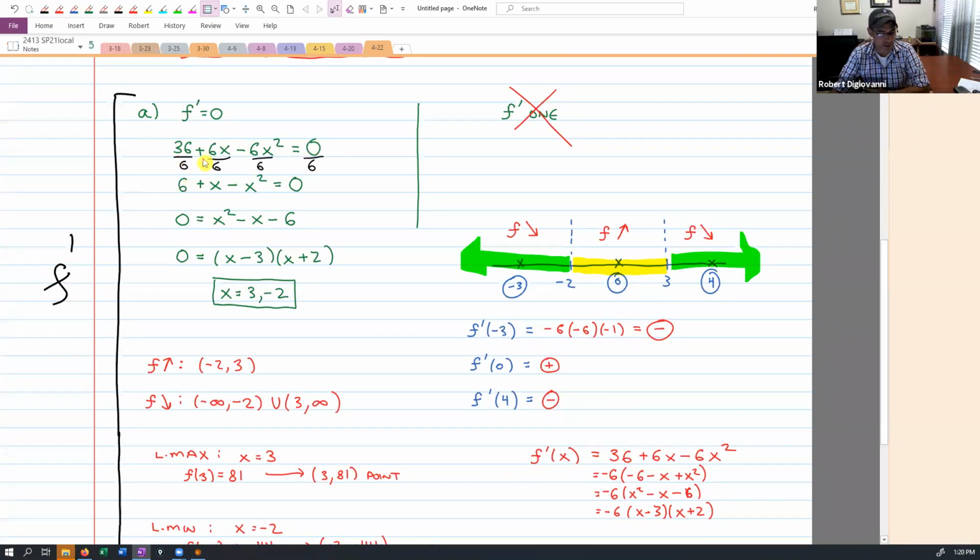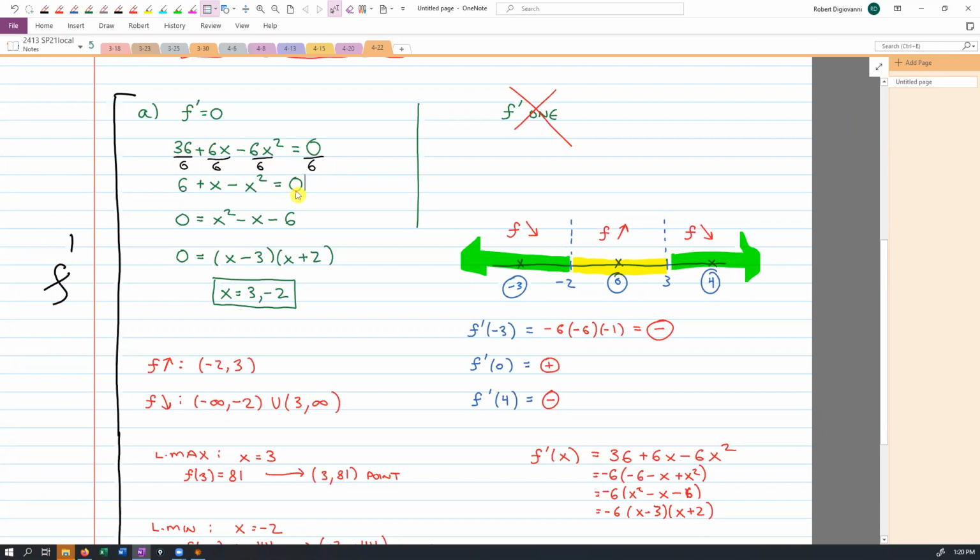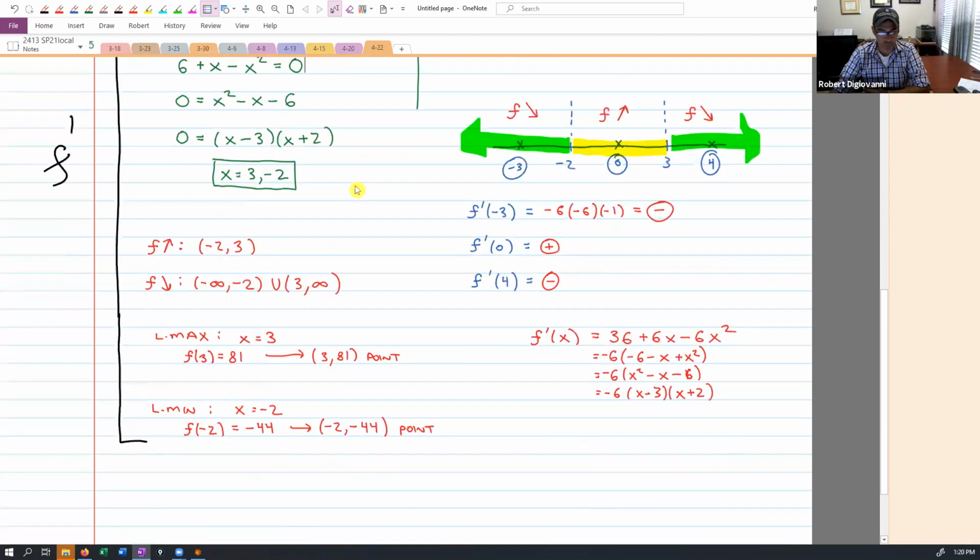That gives me 6, and then this gives me an x, and this gives me a -x², and 0 divided by 6 is still 0. It's because I set it equal to 0.